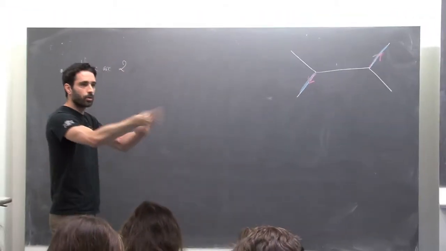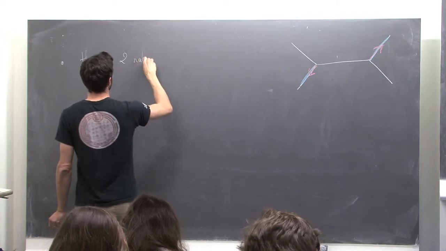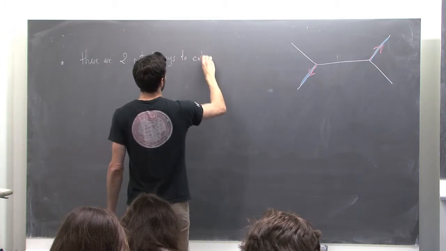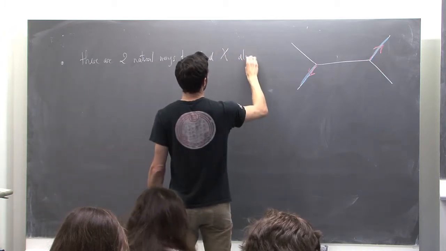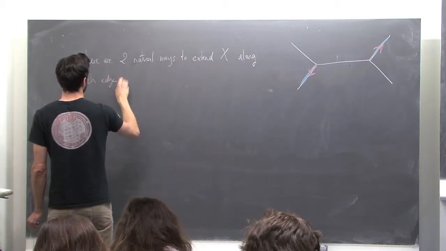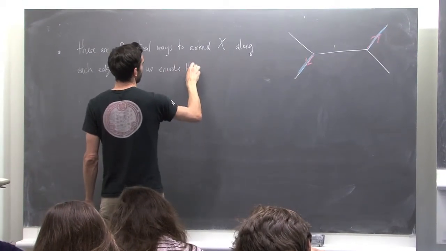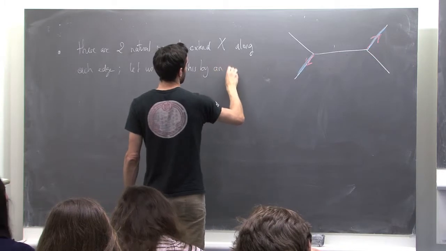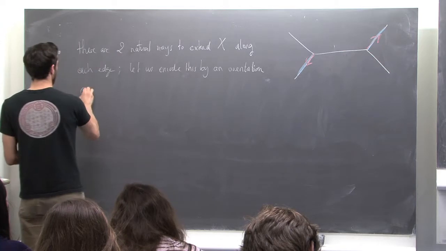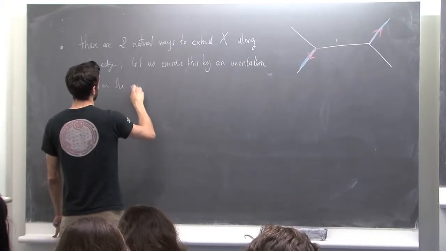There are more than that because I could twist n times, but the most natural ways, there are two, to extend X along each edge. Let us encode this by an orientation. I will call this orientation omega on the edge of the graph.